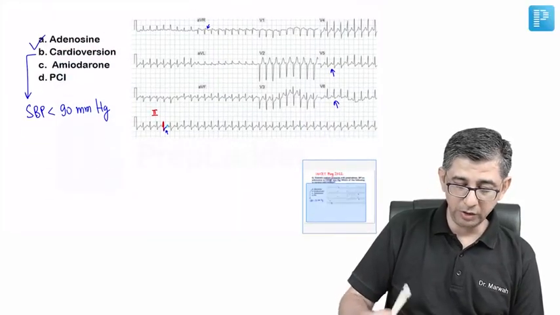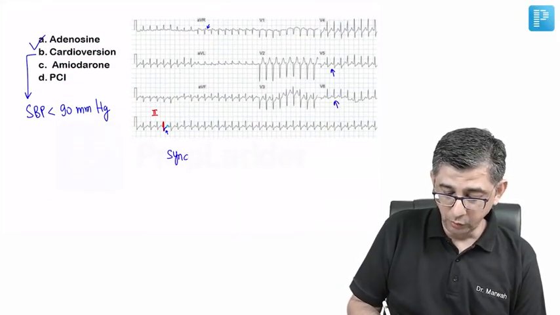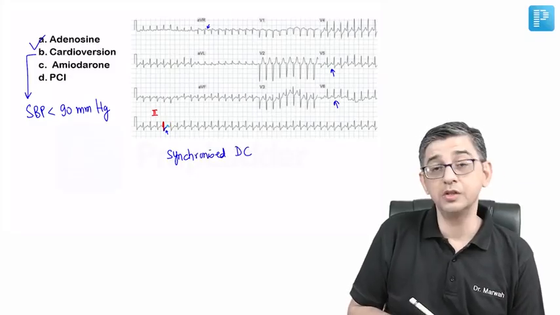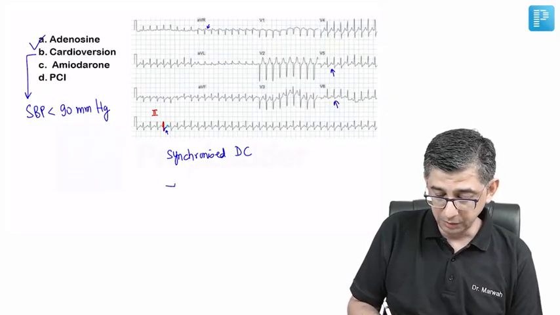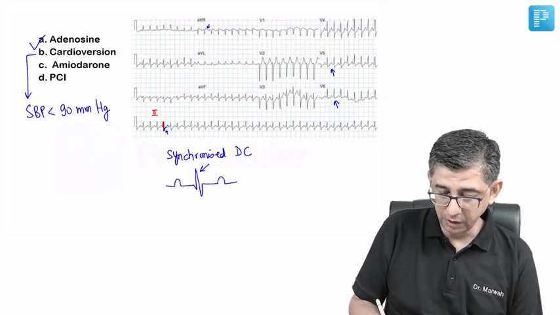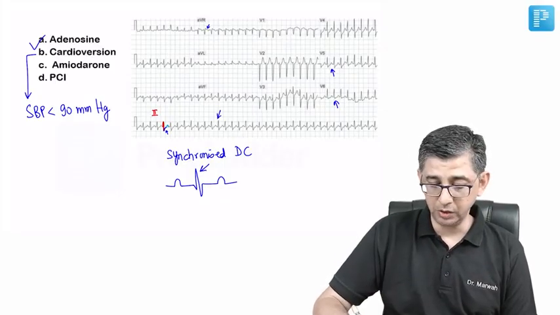And as far as cardioversion versus defibrillation is concerned, I'm going to use two terms. One is called synchronized DC shock. When I say synchronized DC shock, it means that the machine will fire the impulse with respect to the peak of the R wave. Like you can see here, the R wave is visible and can be understood by the computer.